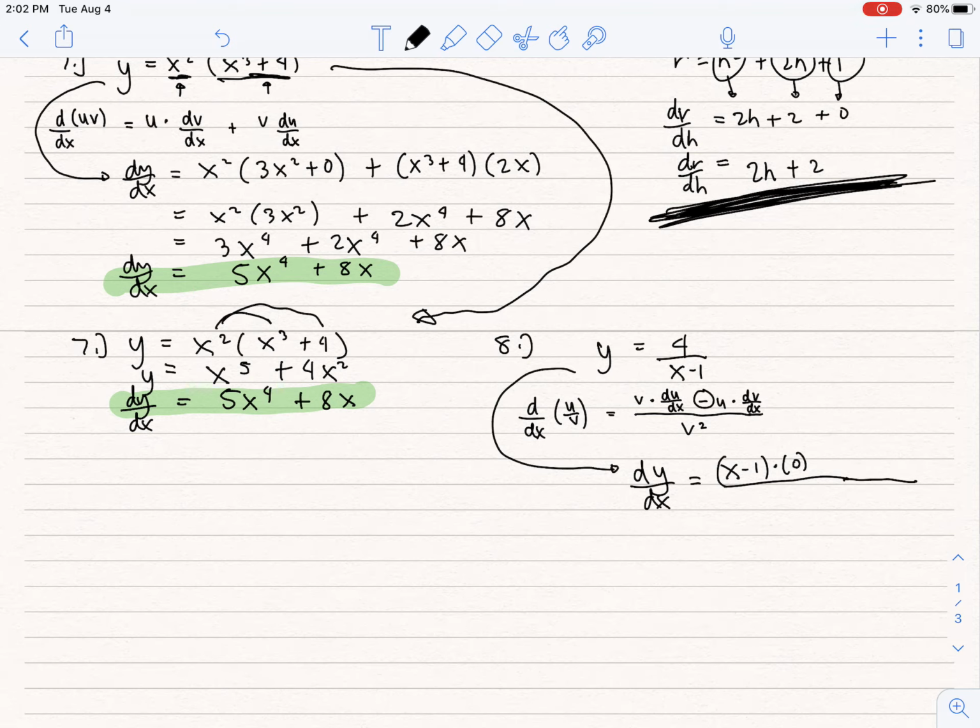Then, since minus ni, minus pa ni dire. Next is copy u. U is 4. So, ito ang copy ang 4. Multiplied by the derivative of v with respect to x. So, this is v. So, we're going to differentiate that in order to find its derivative.